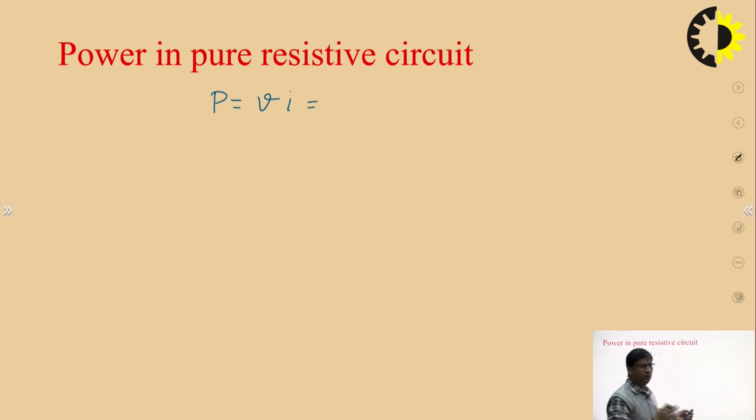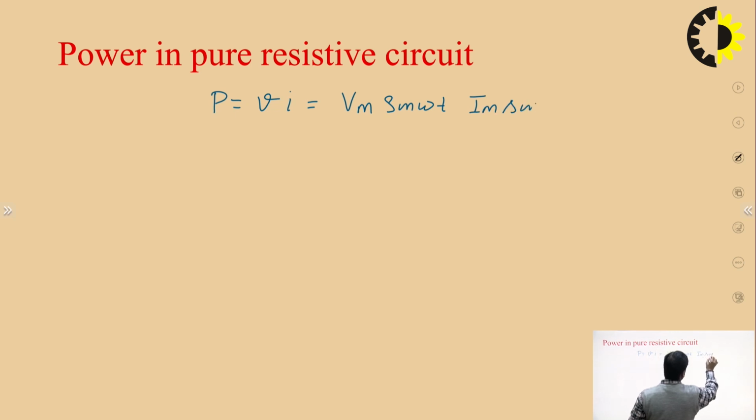P is equal to V into I, we know that. V is equal to Vm sin omega t, and for current it is Im sin omega t.